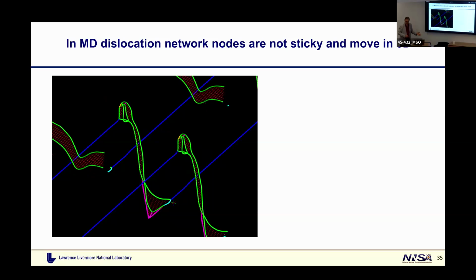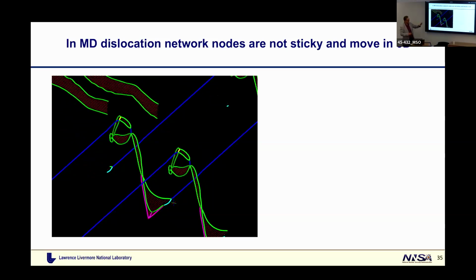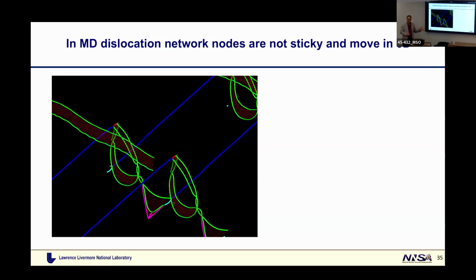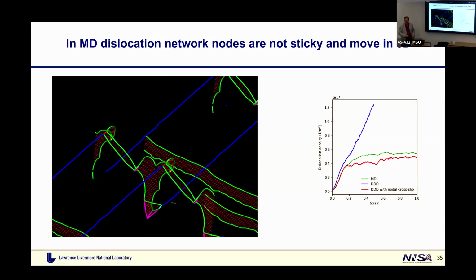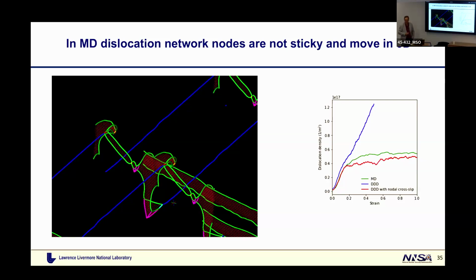But we understood it from the MD simulation and inserted this mechanism, this additional freedom, into DD. And once we did, this is what happened. So the red line is the DD simulation under exactly the same conditions, but with this additional mechanism inserted in it. So it's very helpful, therefore, to run the simulations side by side.